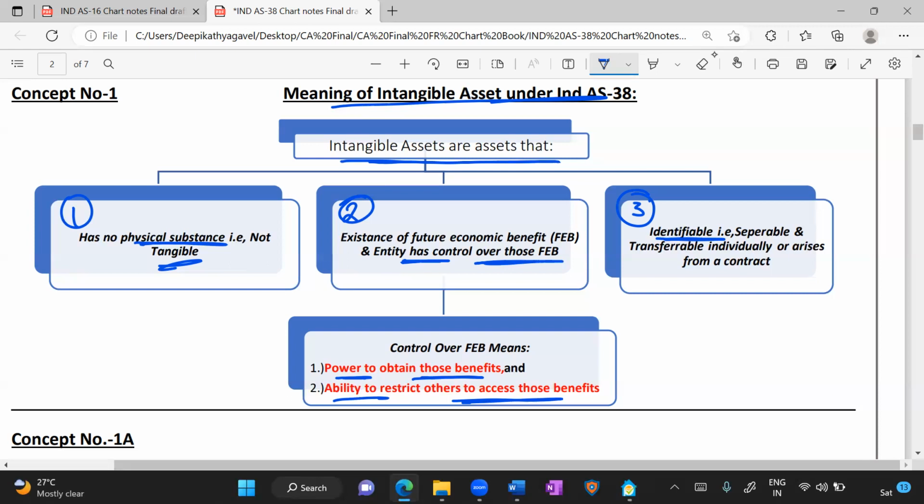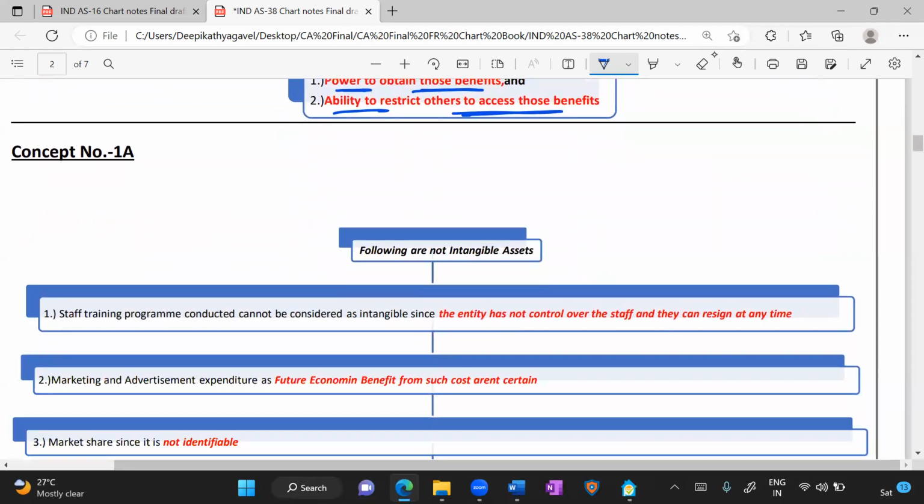Then I'll say that I have control over the future economic benefit. And the third point, the standard says that it should be identifiable. What do you mean by identifiable? It should be separable and transferable individually, or it should arise out of a contract, right?